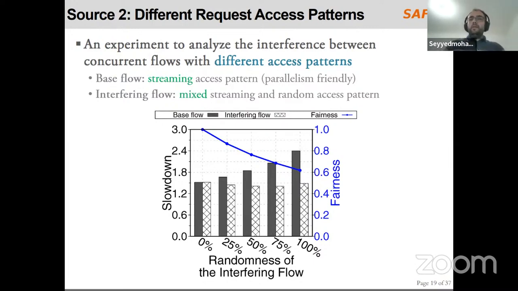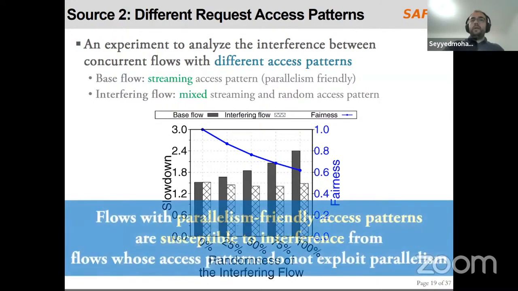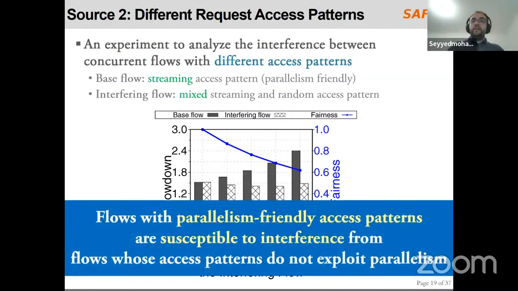We observe that when we increase the randomness of the interfering flow, the slowdown of the base flow increases significantly, and as a result, the fairness significantly degrades. This clearly shows that flows with parallelism-friendly access patterns are susceptible to interference from flows whose access pattern does not exploit parallelism.